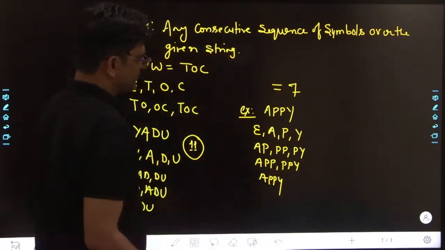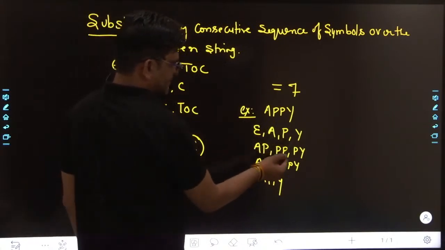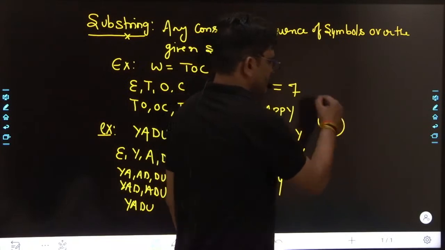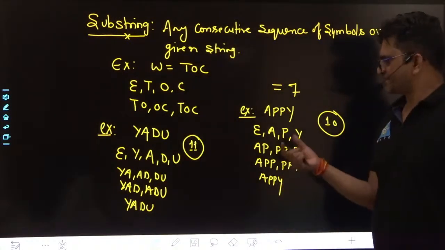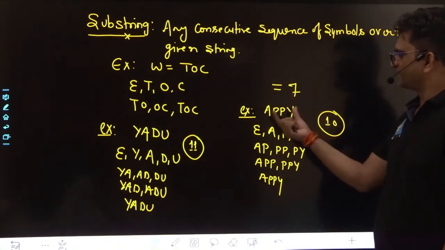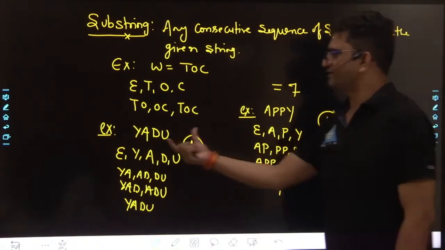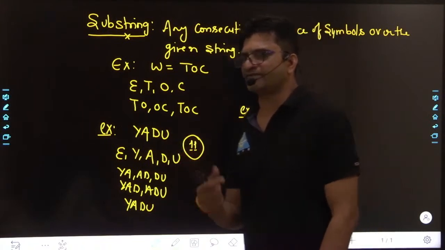So count the number of substrings. We can get 10. The length of the string is 4 and we can get 10 substrings. In the earlier case, length of the string is 4, we can get 11 substrings.